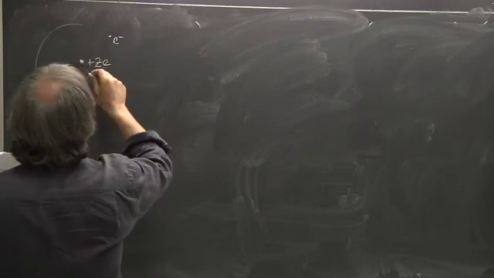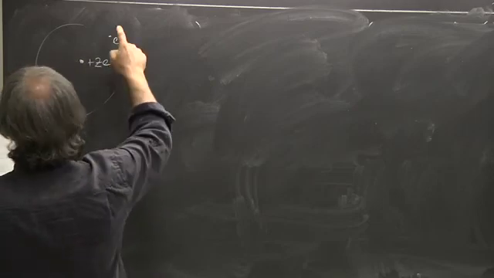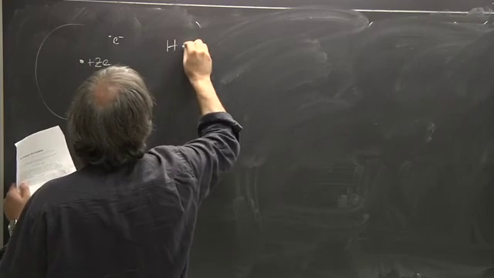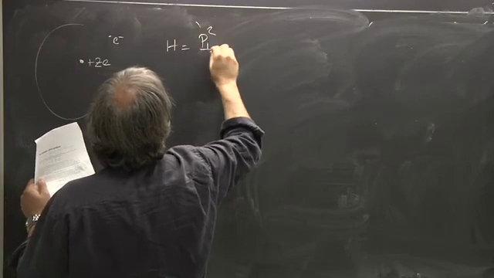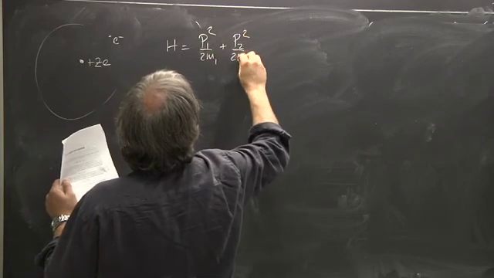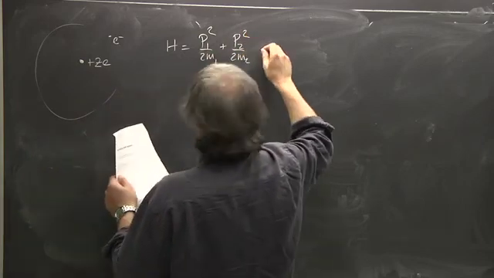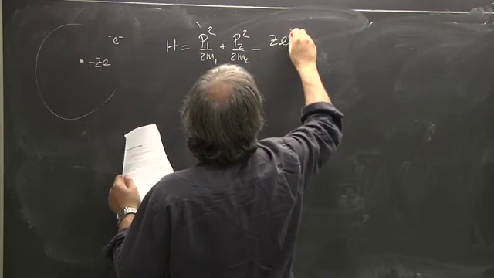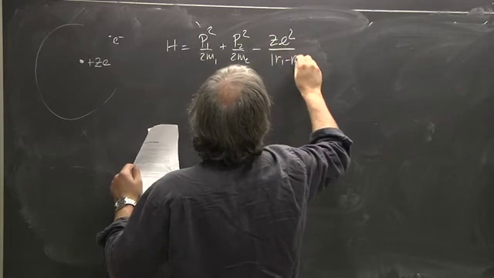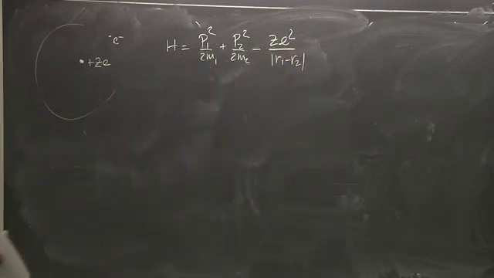So if I call 1 and 2 the positions and momenta of these objects, the Hamiltonian would be P1 squared over twice the mass of the first, plus P2 squared over twice the mass of the second, minus the charge, in general Z, times e squared over |R1 minus R2|, the Coulomb potential attraction.